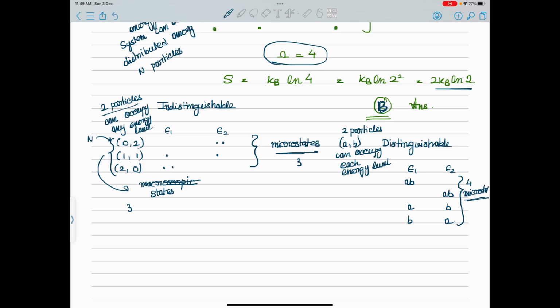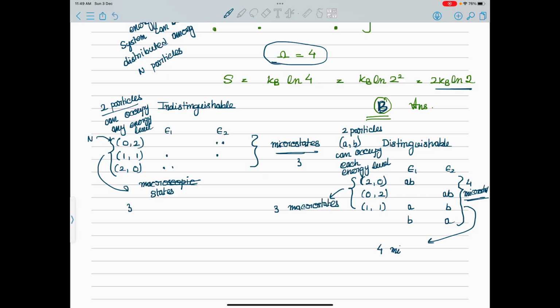But what about the macrostate? Macrostate is the number at each energy level. So there are 2 in epsilon 1, 0 in epsilon 2. In this case, 0 in epsilon 1, 2 in epsilon 2. In this case, 1 in epsilon 1, 1 in epsilon 2, and this is also 1 in epsilon 1, 1 in epsilon 2. So these are the 3 macrostates, but 4 microstates.